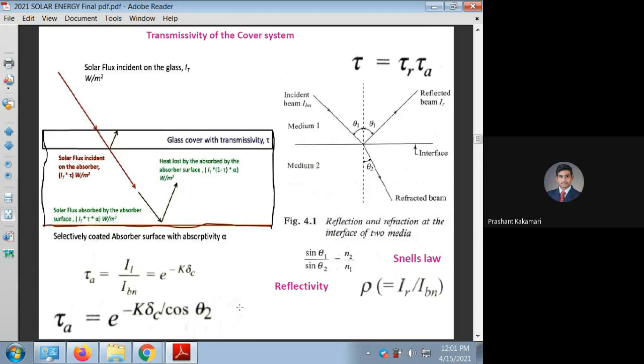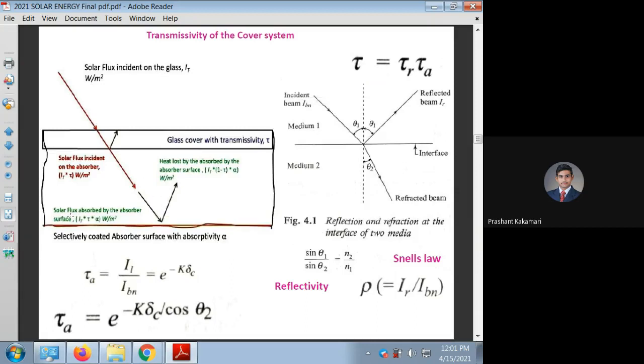Now, to find out the transmittivity after absorption, tau alpha, we can take the ratio of IL to IB. IL is the reflected beam radiation. After refraction, or after the light passes through the medium, that radiation we are going to consider as IL.